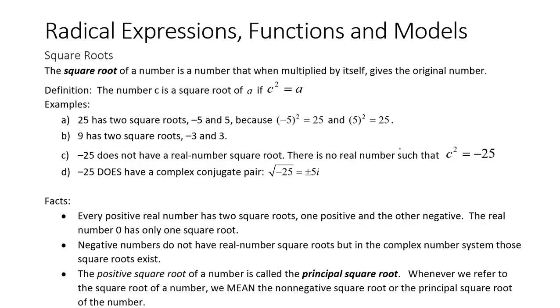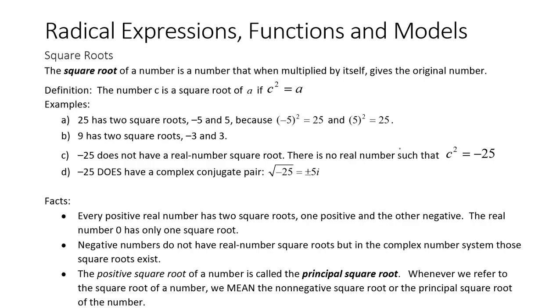Some examples of this would be 25, which has two square roots, -5 and 5, because -5 squared equals 25 and +5 squared equals 25. If we looked at 9, this also has two square roots, -3 and 3. -25 does not have a real number square root.